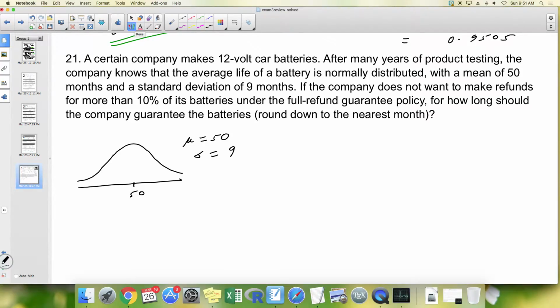We are measuring in months. And if little x is the point at which it says, okay, I'll make the guarantee for X months, then this much area should be 10%.